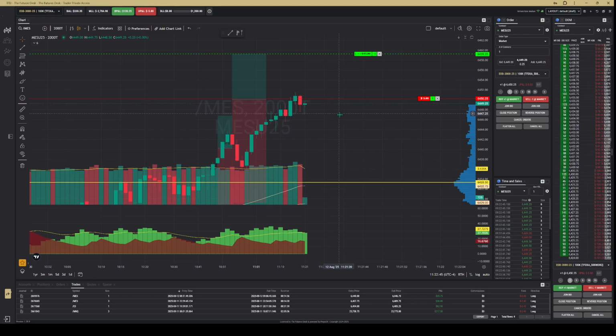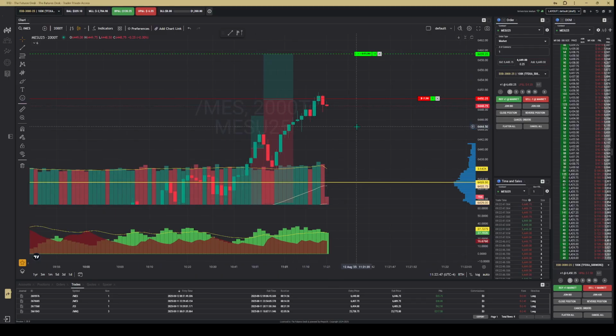So it's a pretty cool tool. I like it. I'm using it on the futures desk challenge. I'm also taking other types of trades, but this is the one I primarily used for the past 2 days.